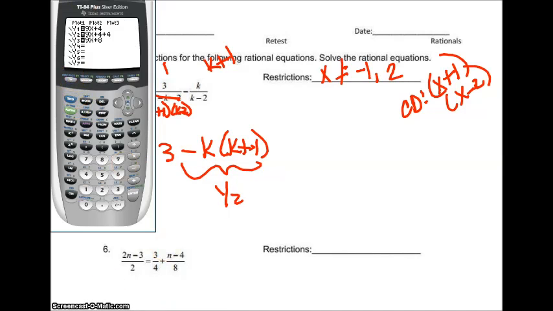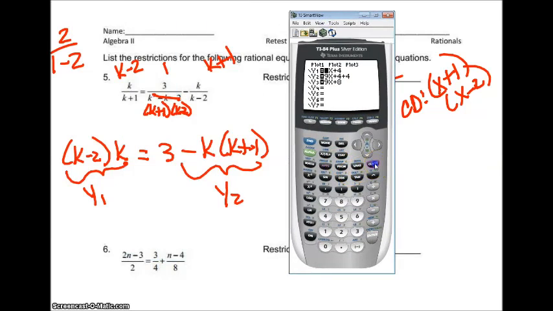So looking at y1, let's get all of this cleared out. And y1 is open, x minus 2, close x. y2 is 3 minus x, open, x plus 1. So then you're going to say second calc, 5, let it draw.